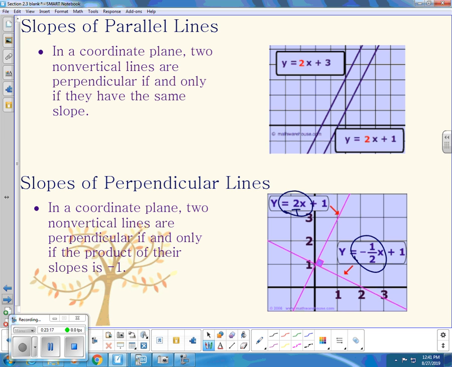If you multiply perpendicular slopes, you should get negative 1 because they're opposite reciprocals. All right?